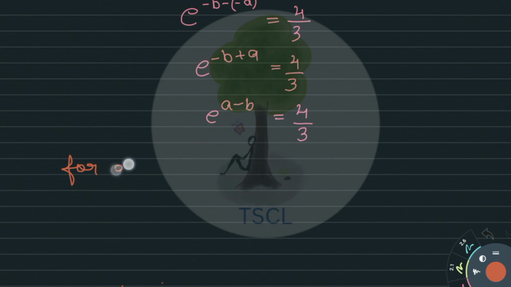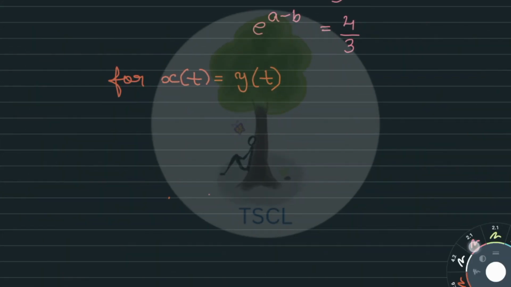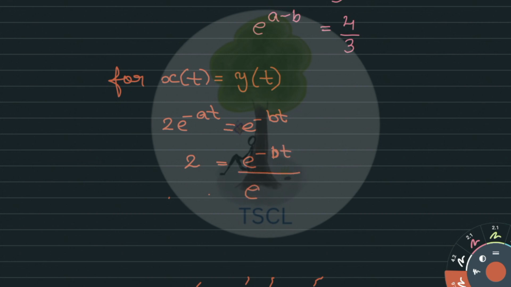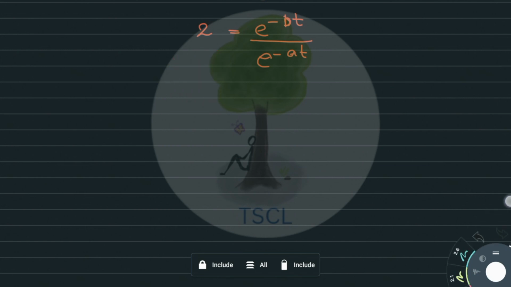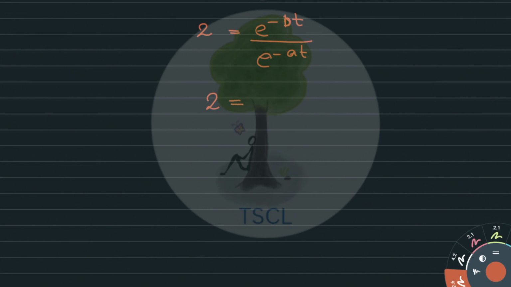So x of t equal to y of t gives 2 e raised to minus at is equal to e raised to minus bt. 2 is equal to e raised to minus bt divided by e raised to minus at, which can also be written as 2 is equal to e raised to (a minus b) into t, with the exponential formula that we used in the previous equation.